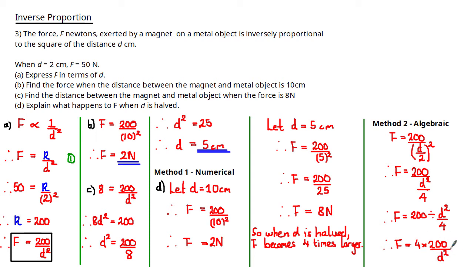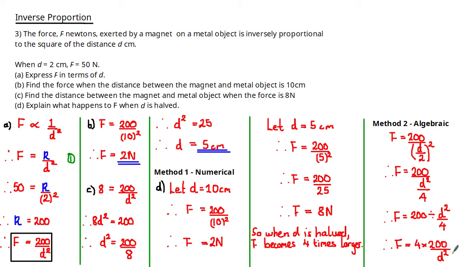Now here I've intentionally not evaluated 4 times 200, because if you notice the difference between this formula and this formula, the only difference is that this formula is the same as this formula but multiplied by 4, which happened as a result of us taking half of the distance, D over 2. This shows algebraically that when you divide D by 2, F becomes 4 times larger.